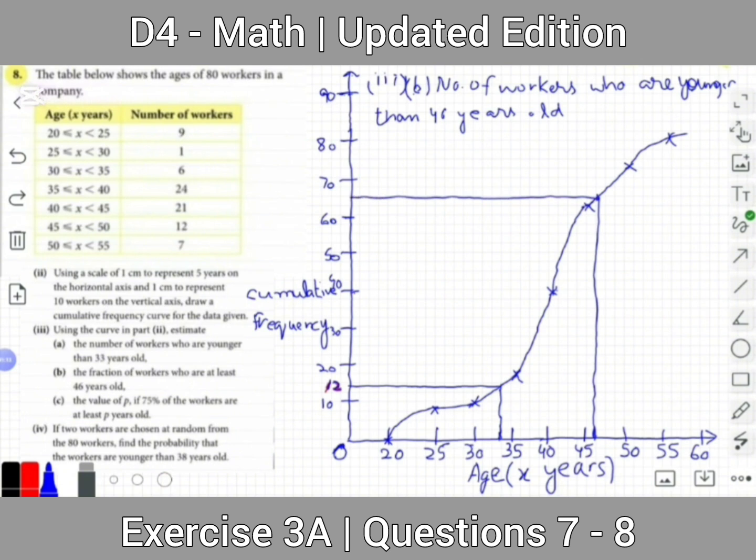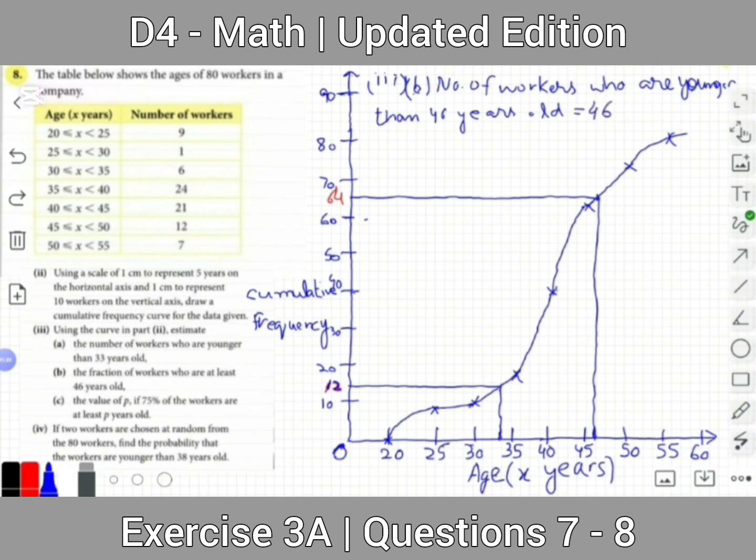So here we have 60, 62 and 64. So from the curve, the number of workers who are younger than 46 years old is equals to 64.